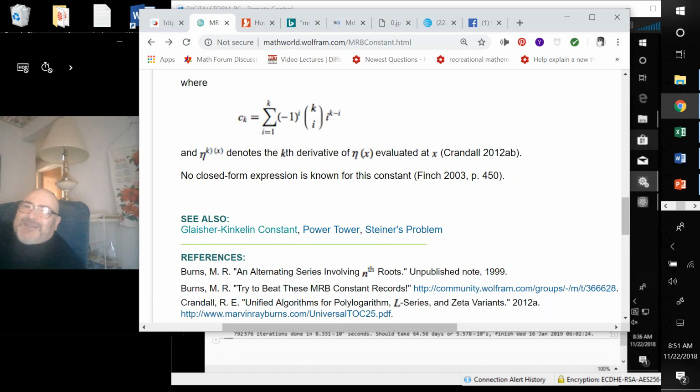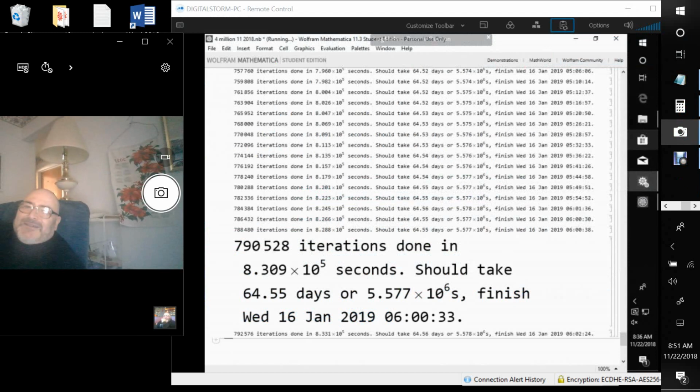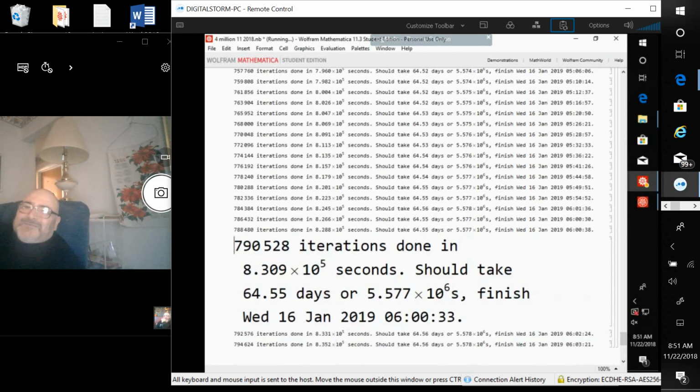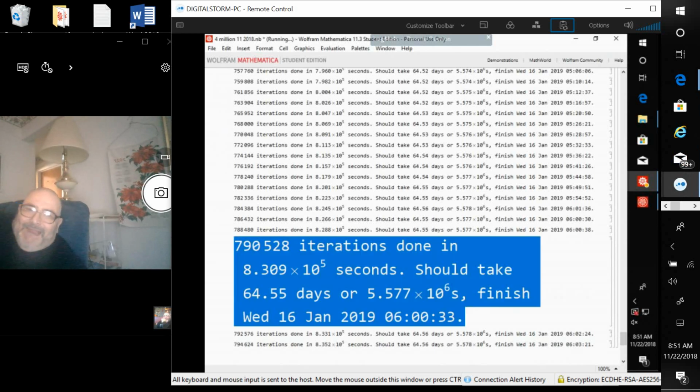So we're going to look quickly now at the progress. Presently, just highlight this. Oh well, I'm highlighting a bunch more than I need. My mouse doesn't work. There's 790,528 iterations that have been done in 8.309 times 10 to the 5th seconds.